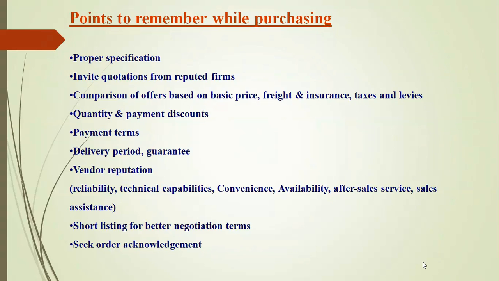Compare offers on the basis of price, freight, insurance, taxes, levies. Quantity and payment discounts have to be seen very precisely. Payment terms, delivery period, guarantee, vendor reputation, reliability, technical capabilities, convenience, availability.